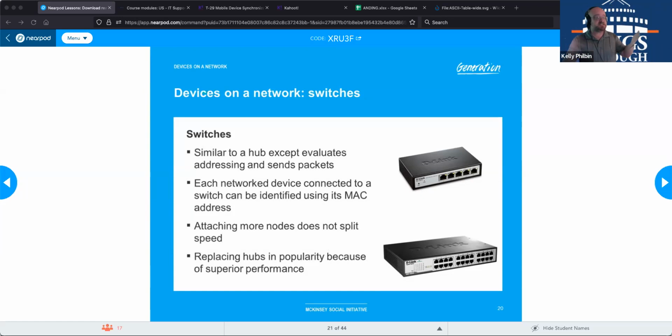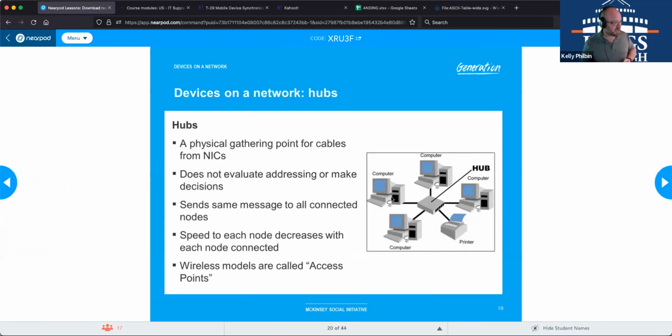So if I want to communicate with everybody, I can do a broadcast and still shout out that message to everybody. So we would separate things into what are called collision domains and broadcast domains. On a hub, the entire hub is a collision domain, because if anybody talks, all that data can run into each other, right? Like we were talking about.